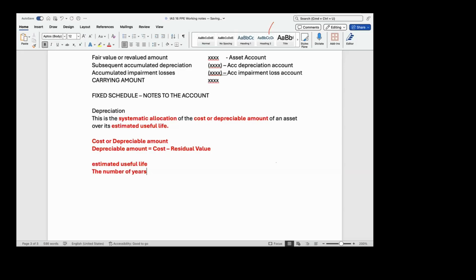It's like the productive life of the asset. That's the number of years that the assets will exist. And it can also be the productive units that can be obtained from the asset.